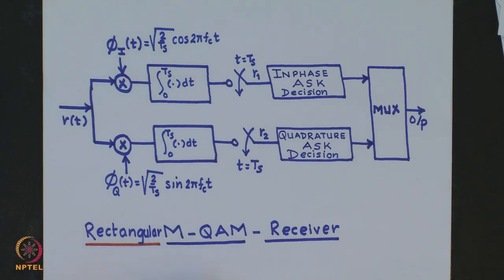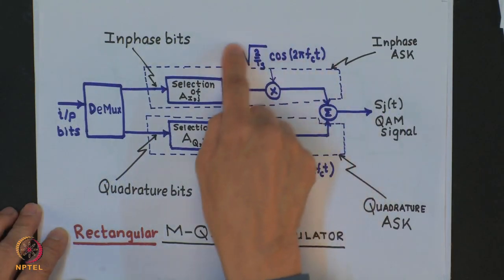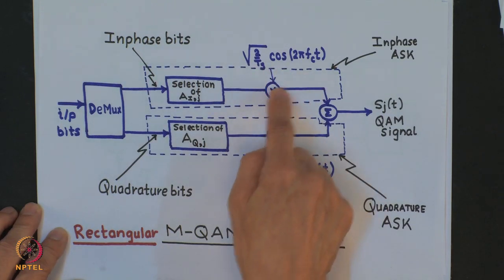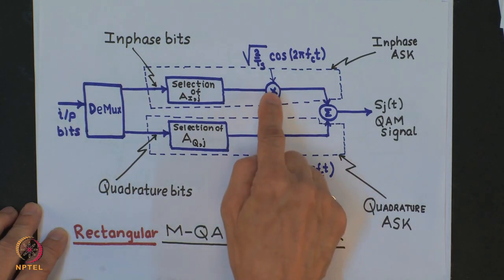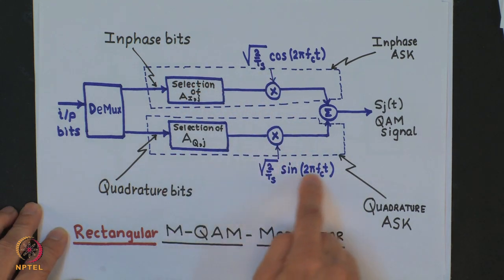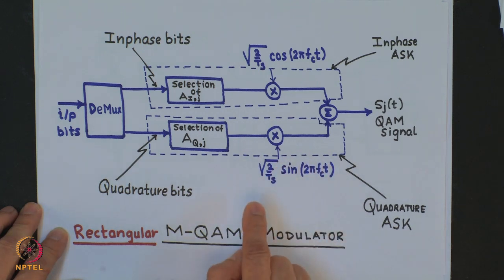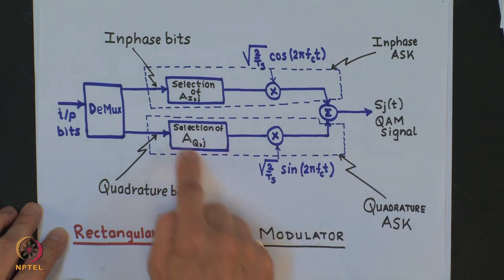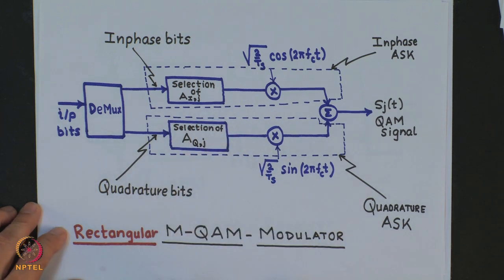Now, any rectangular QAM signal constellation is equivalent to two ASK signals modulating the quadrature carriers. So, the in-phase carrier phi_i(t) carries Ni bits and has 2 raised to Ni signal points, while the quadrature carrier phi_q(t) has Nq bits assigned to it and 2 raised to Nq signal points.